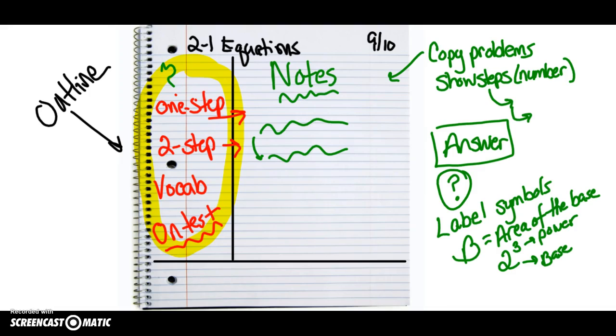The most important part, I think, is the bottom, and that is the summary. And that's done on your own, and it's done either at the end of the class or for homework every night. So you go home and you should be going through your notes. You should highlight anything that you're not sure about.